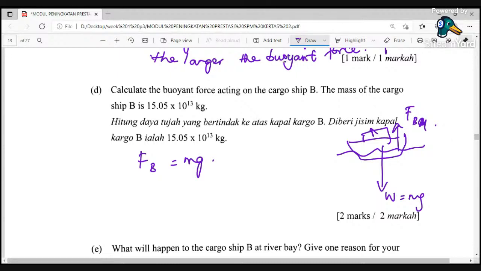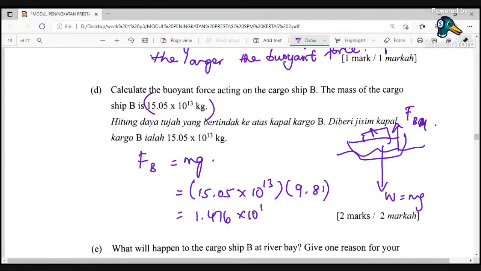Okay. So M kita dah diberikan di sini massnya, g 9.81. Okay, di sini kita akan dapat buoyant force. Jawapan untuk buoyant force sama dengan weight of the ship.